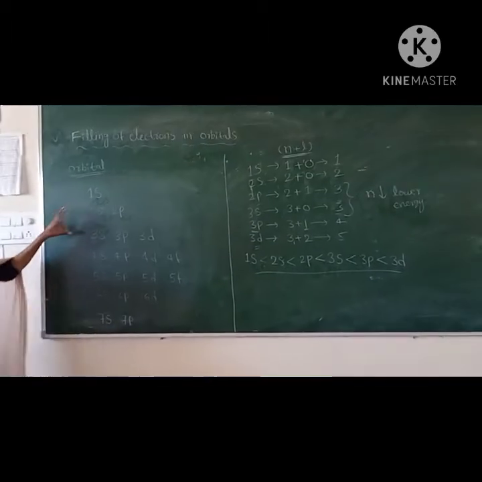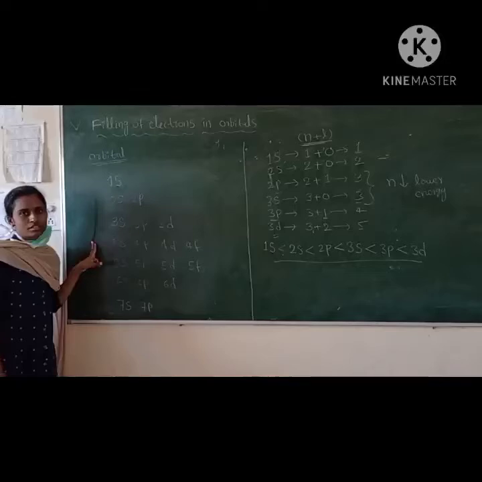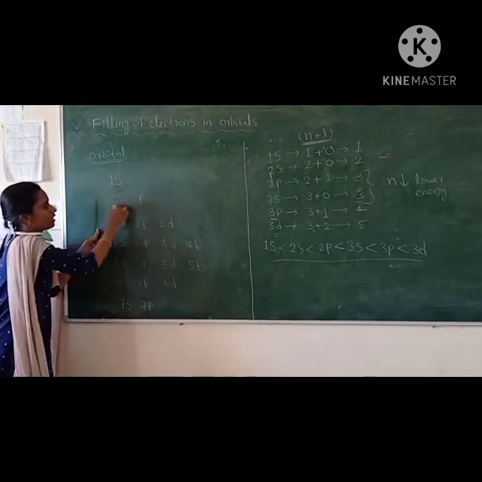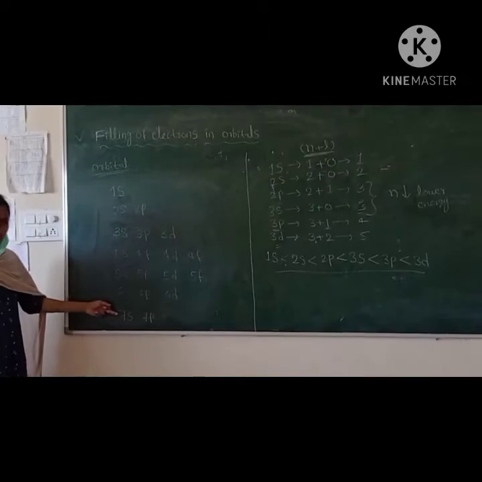So this is the diagram to remember the energy of orbitals. Very easy to remember. You just have to write the orbitals according to the first shell, second shell, third and up to the seventh shell.